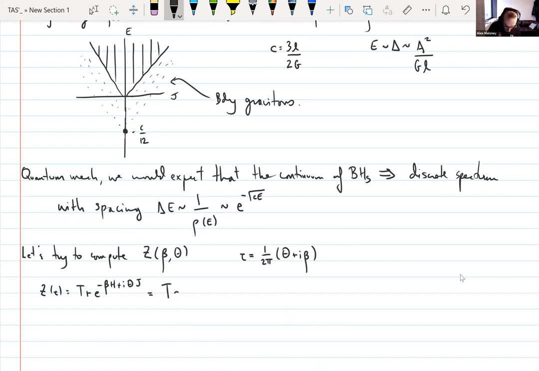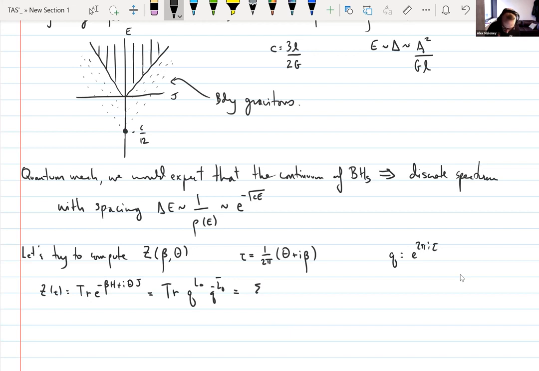In the CFT language, we would call it trace of q to the L0, q bar to the L0 bar, where q is e to the 2 pi i tau. And L0 and L0 bar are H plus J and H minus J, respectively. And then if I could go ahead and compute this thing, this would give me the density of states.